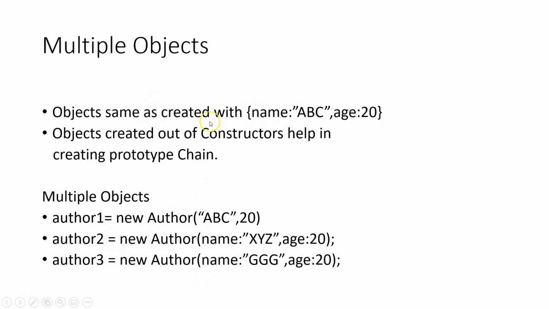As I told you already, the object which is created out of a constructor function is almost similar to the object which you directly create, but the only difference is when you use a constructor to create an object, it will be able to access the functions or objects which are present in the inheritance tree of the constructor function. That I will try to explain to you now.